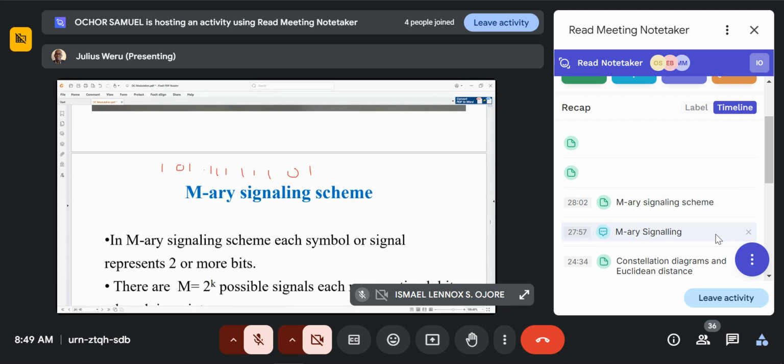Every time a symbol just carries one bit, that is the binary case, then the bit rate is the same as the symbol rate.